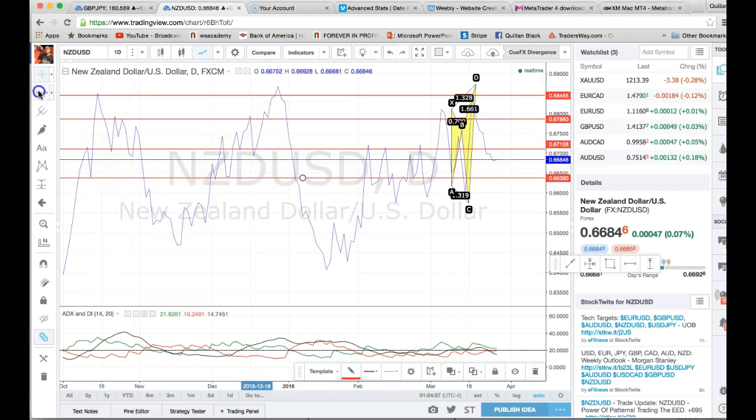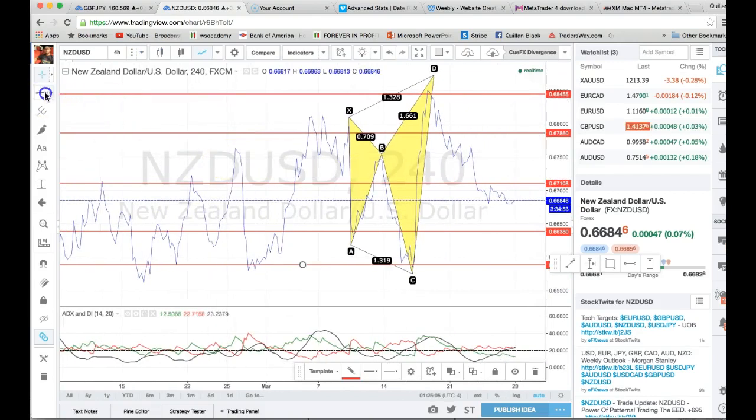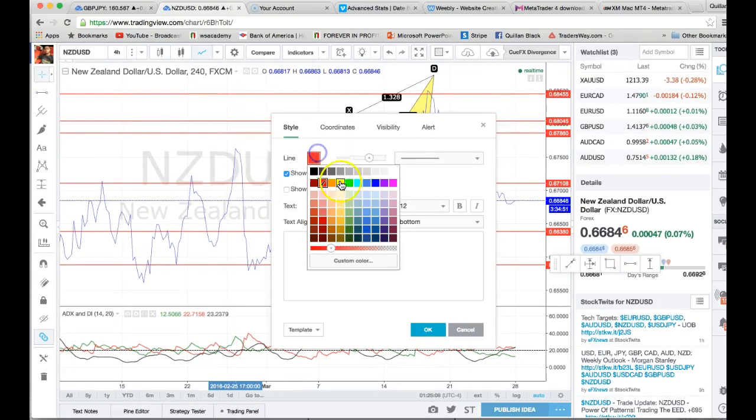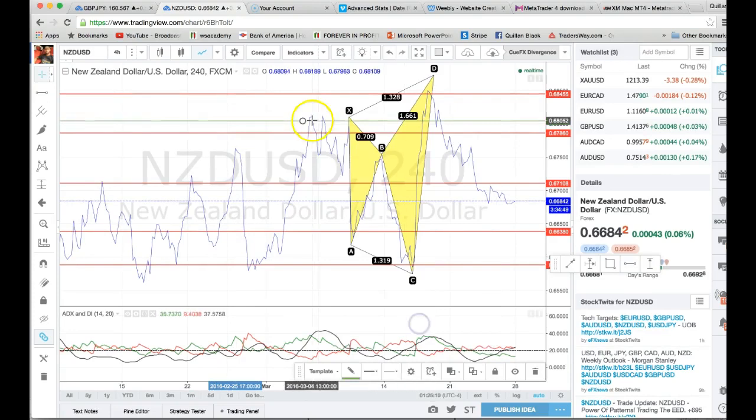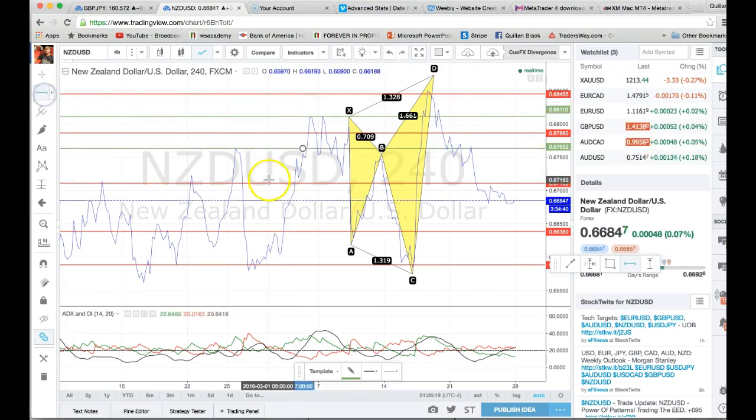Let's mark on these key areas. Daily chart first. Okay, hop on to H4. And we'll check back on the other pair right after this.